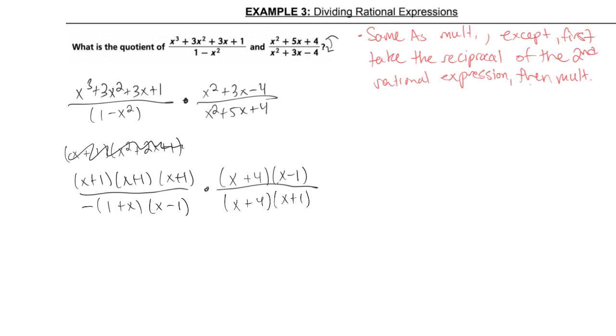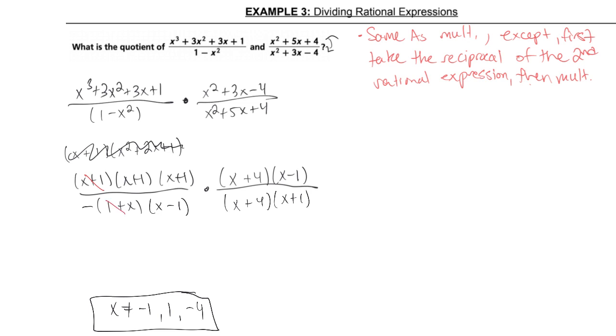All right, and now if you want, before you start crossing out, you can kind of find the excluded values, right? X cannot equal negative 1, 1, negative 4, and then another negative 1, right? So there's your excluded values. Now let's cancel out so we can reduce.